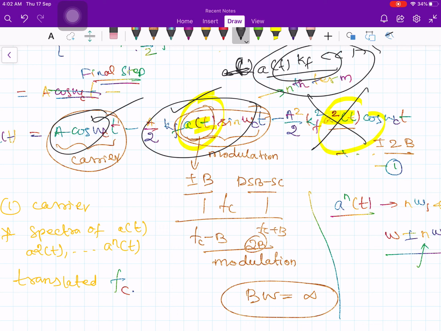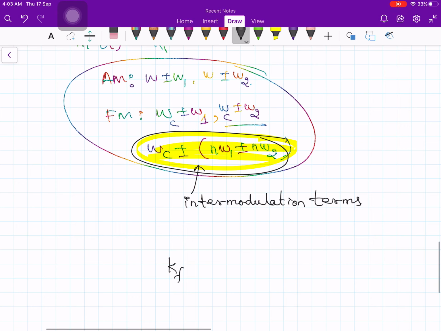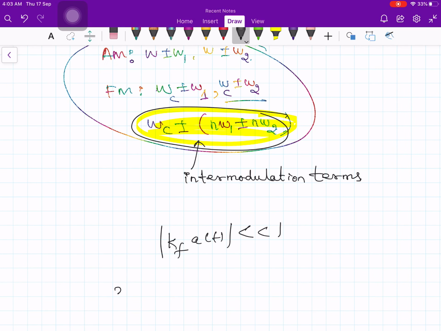So the assumption that we normally make for the narrowband FM is valid. If, as I said, the modulus of kf times a of t is much less than 1, then the above expression reduces to fm of t equals a times cos omega ct minus kf a of t sin omega ct.